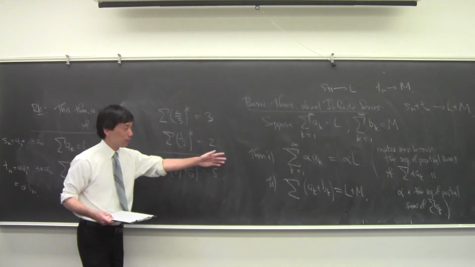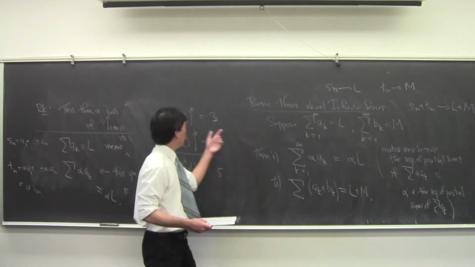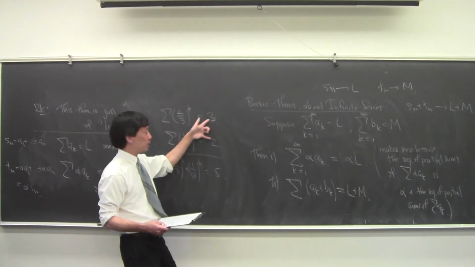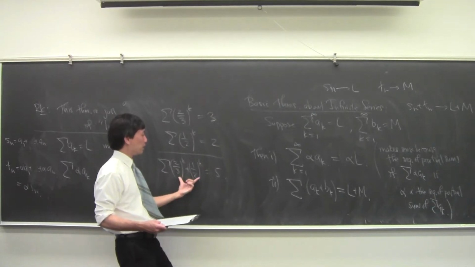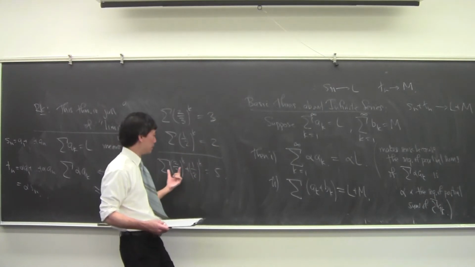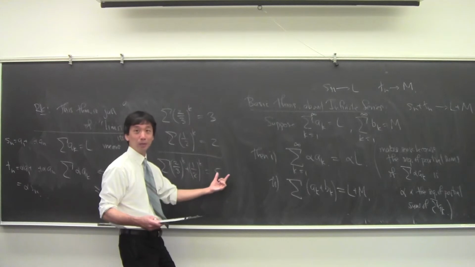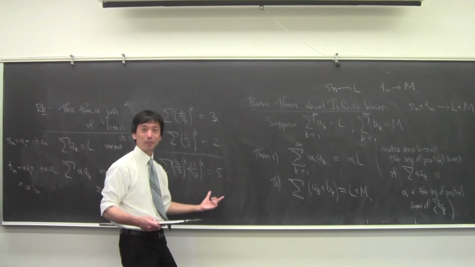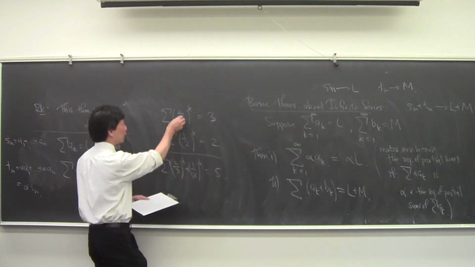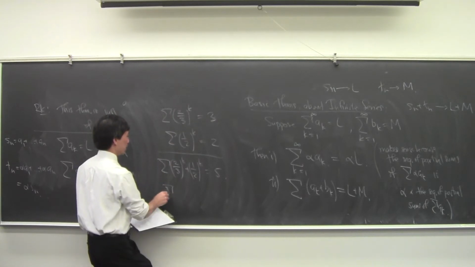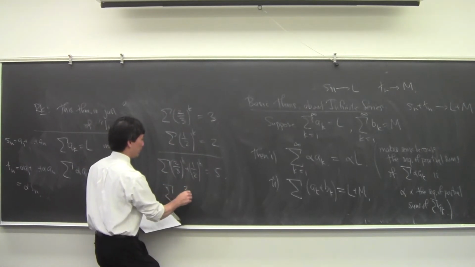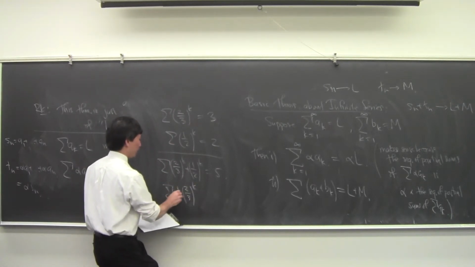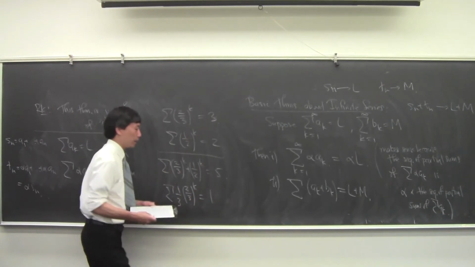We can do this because the theorem says as long as these individual series converge, then the series of the sum will be equal to the sum of the series. Or you could multiply this thing by 1/3, and you'd see you get 1.